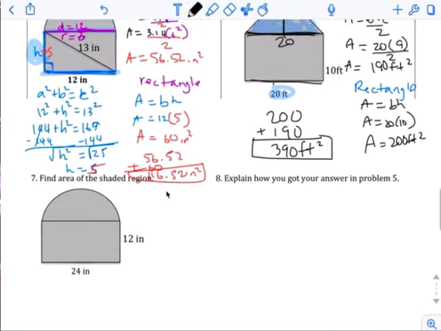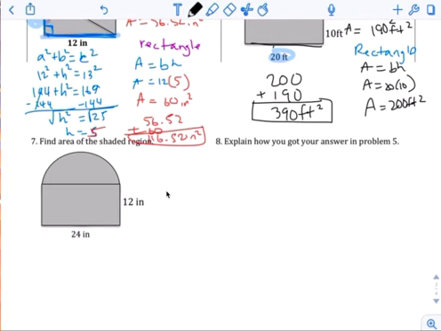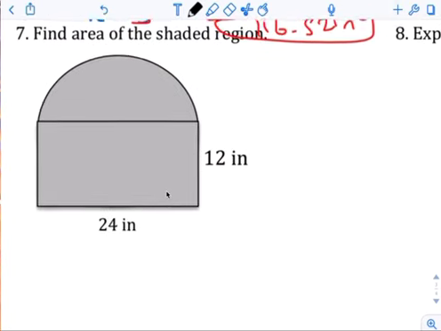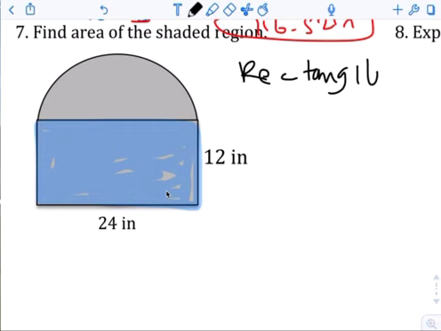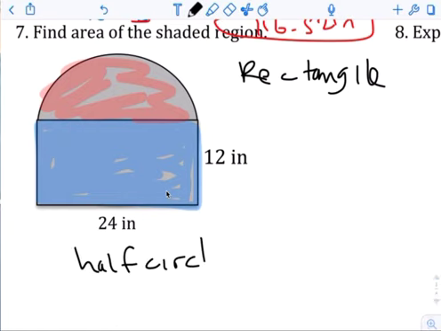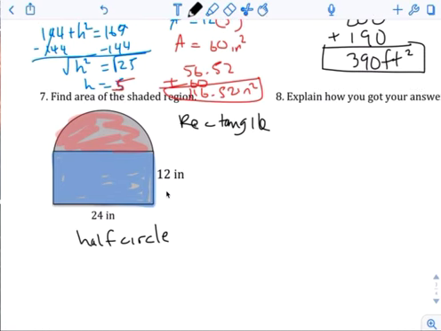Okay. Number 7, find the area of shaded region. Okay. We got a rectangle and we got half a circle. Okay, half a circle is pi r squared.